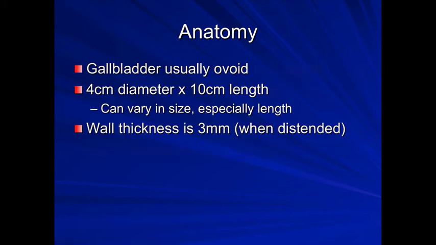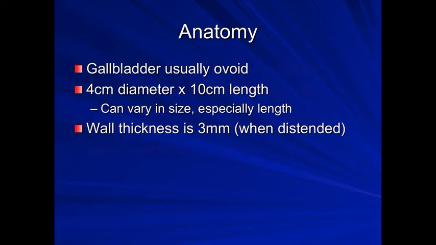The gallbladder is usually an ovoid shape, and the normal measurements are considered to be 4 centimetres in diameter and up to 10 centimetres in length. However, it can be quite variable, and particularly the length of the gallbladder can vary, and sometimes you'll see some very long gallbladders.